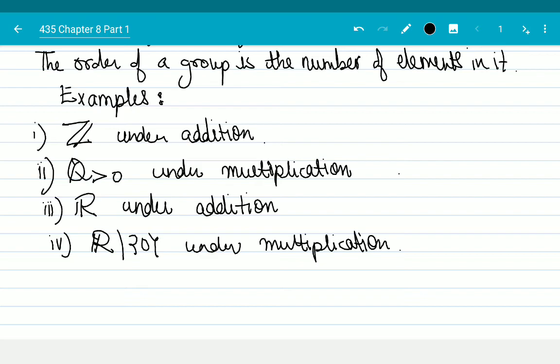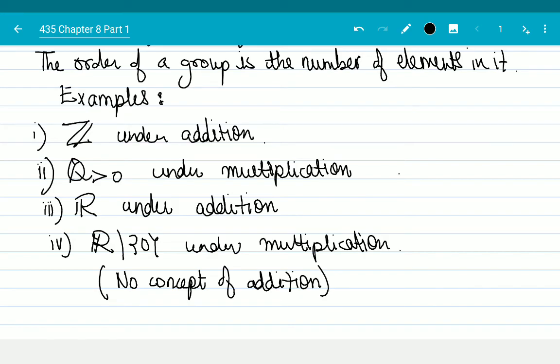Everything is inside the group. Now, when you take R minus 0, you might be thinking, wait a second, if I have -1 and 1, then -1 plus 1 is 0, and that is not in the group. But a group has only one operation, so there is no concept of multiplication and addition together.